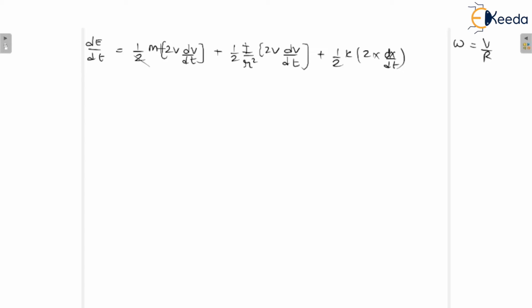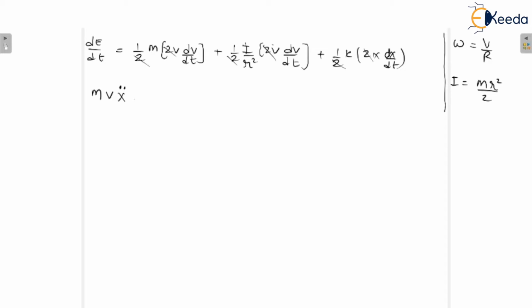So the 2s and halves cancel out. You can see dv upon dt is acceleration, and acceleration is denoted as x double dot, so that is mv x double dot. We all know that I is the moment of inertia, and the moment of inertia for the disk is mr square by 2.